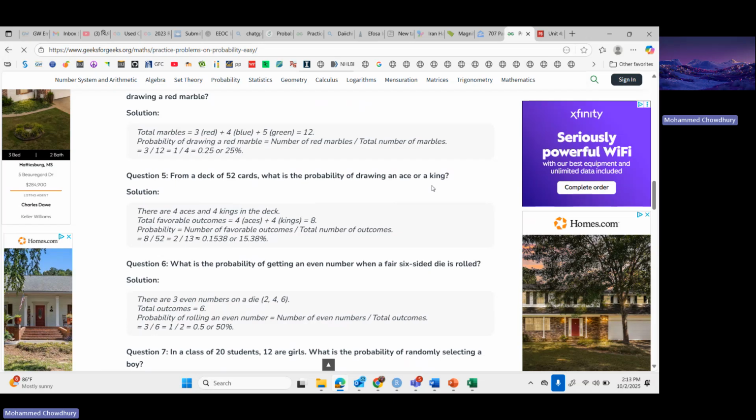So each of them has 2, 3, 4, 5, 6, 7, 8, 9, 10, jack, queen, king, and ace.